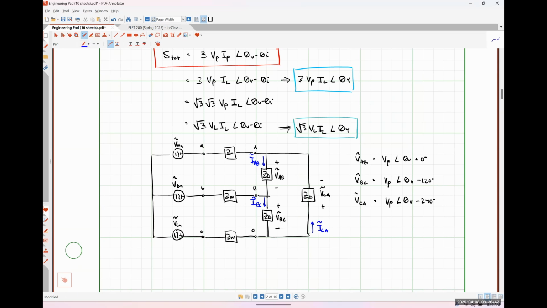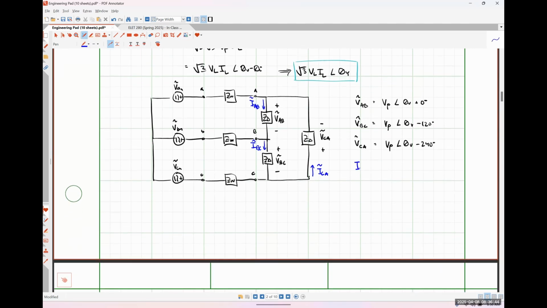Expressing my phase currents, that might look something like IAB is IP angle theta I plus 0. IBC is IP angle theta I minus 120, excuse me.